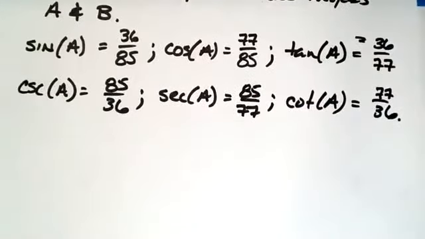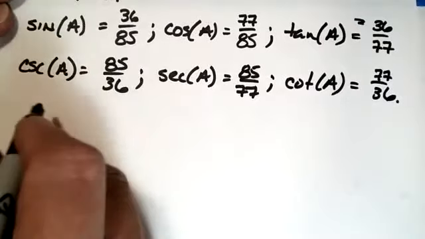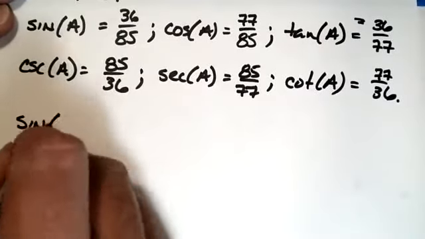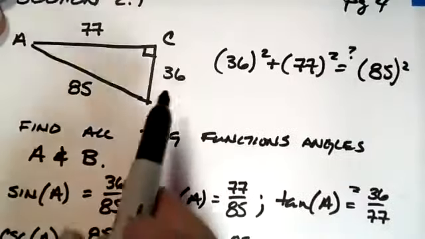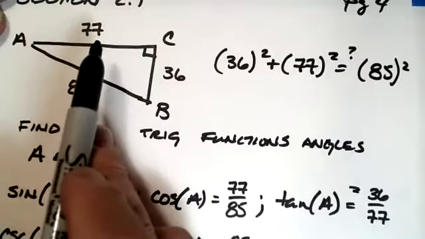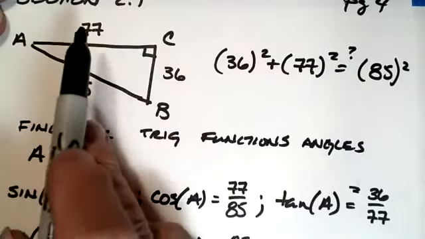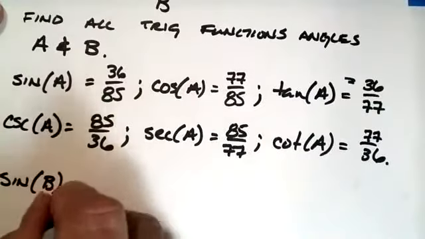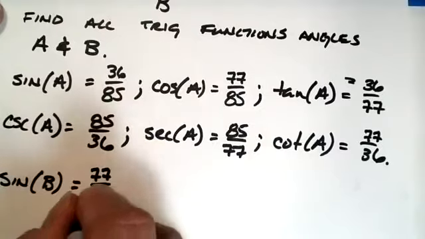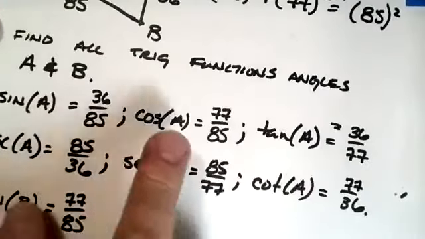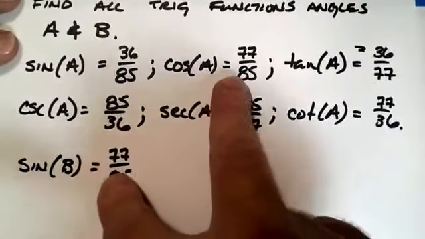Okay, so what about angle B? Well, sine of B, now we're looking at it from this angle, is the opposite over the hypotenuse, so 77 over 85. And I'm just going to draw attention to the fact that these two numbers are the same, right?